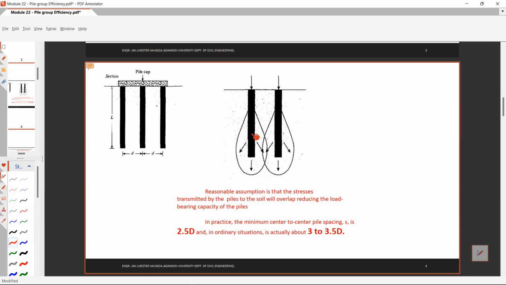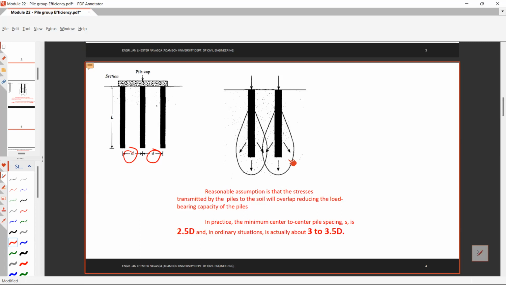And ang mangyayari kapag masyadong maliit yung spacing, this is spacing. Masyado siyang masinsin, ang nangyayari, mag-overlap yung load-bearing capacity of the piles. So, anong mangyayari kapag nag-overlap yung load-bearing capacity of the piles? It will reduce its strength.